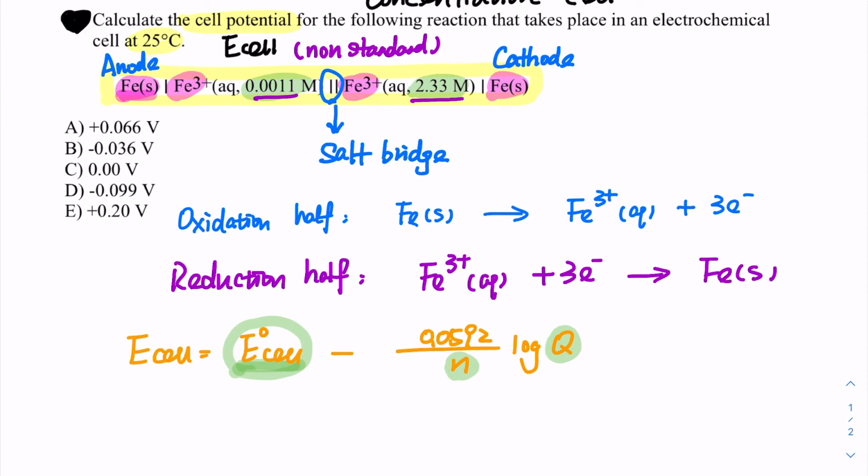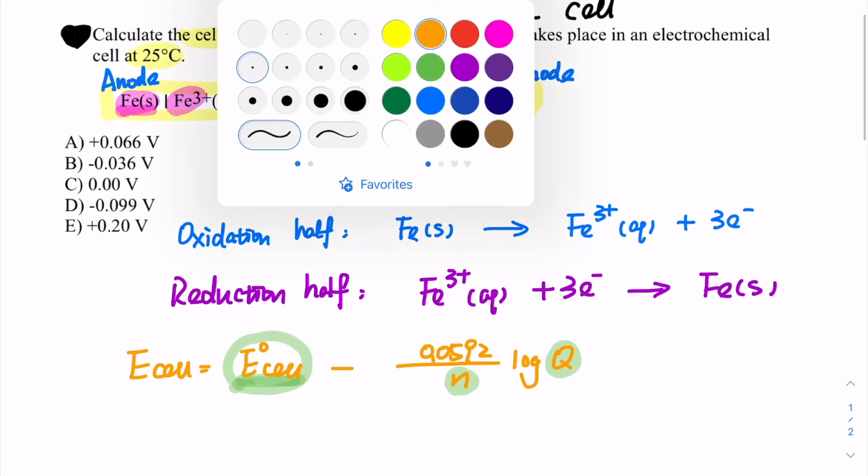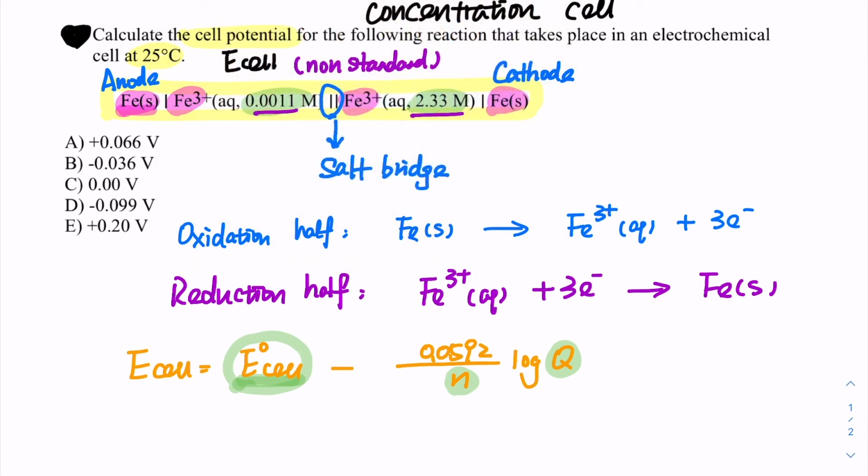I don't have any standard reduction half reaction value for the iron. If I go to the table to find it, remember that the table lists all standard reduction half reactions. And as we know, in order to calculate E naught cell, I'm going to write it over here: E naught cell should equal E naught of the cathode minus E naught of the anode.